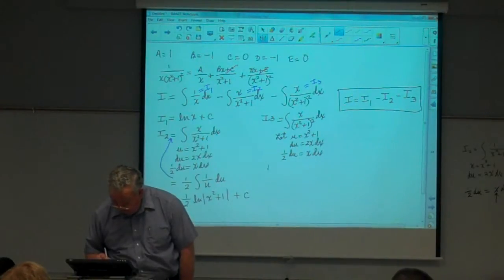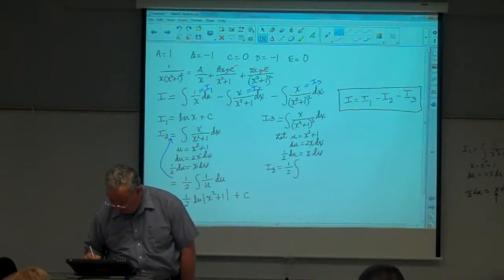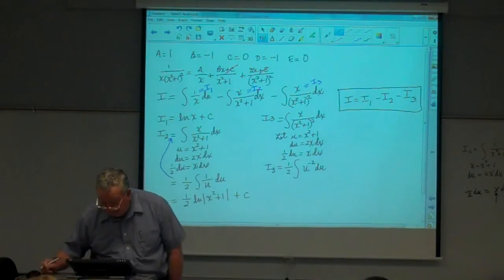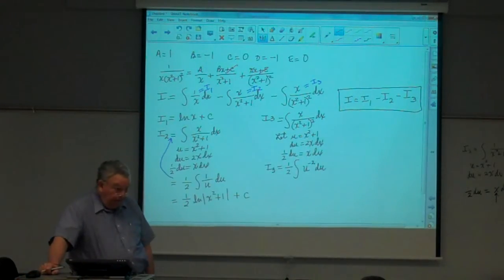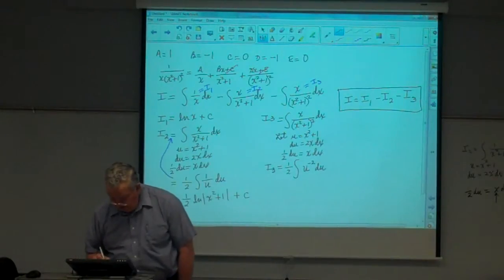So now I3, you don't have to write it, I chose to this time, is equal to 1/2 times the integral of u to the minus 2 du. Does everybody agree? It's 1 over u squared, right? But I wrote it as minus 2 so I could add 1 to it, and you know the deal.